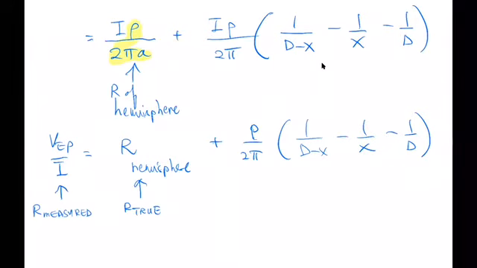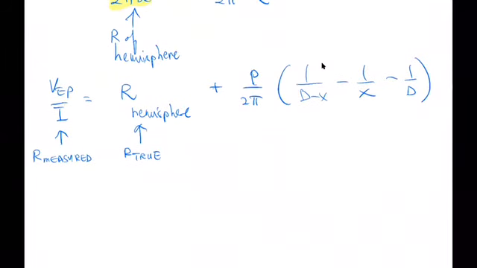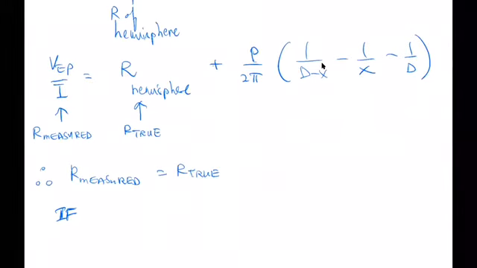VE divided by I. So you see, R measured is equal to R true only and only if what? X equal to 0.62.